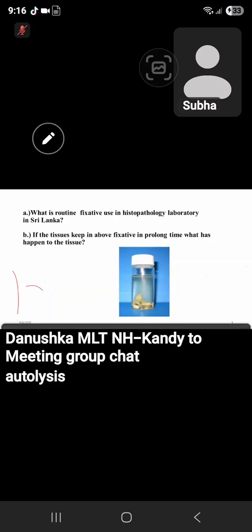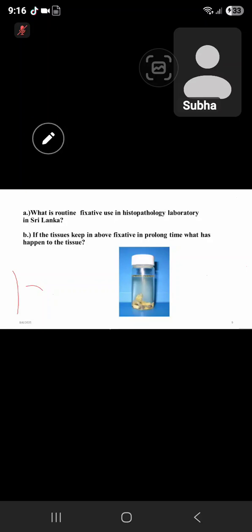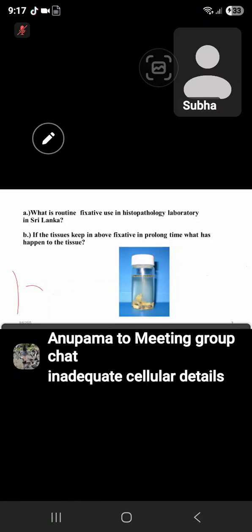So what kind of problems can happen during microtomy and staining? Yes, not staining properly. Before cutting the sections on the microtome. Yes, inadequate cellular details after staining.